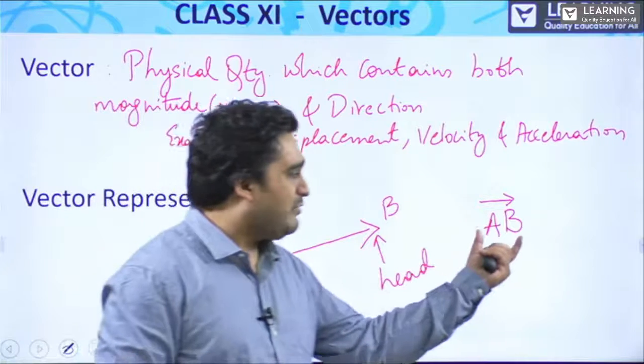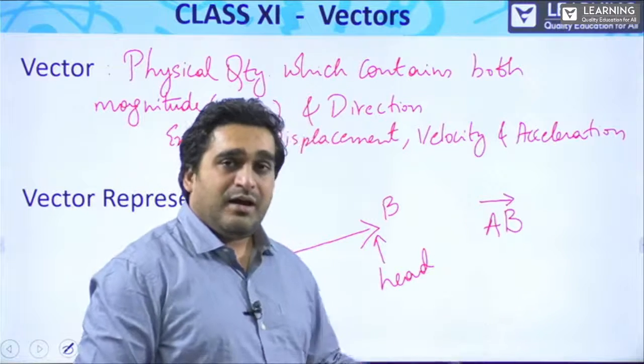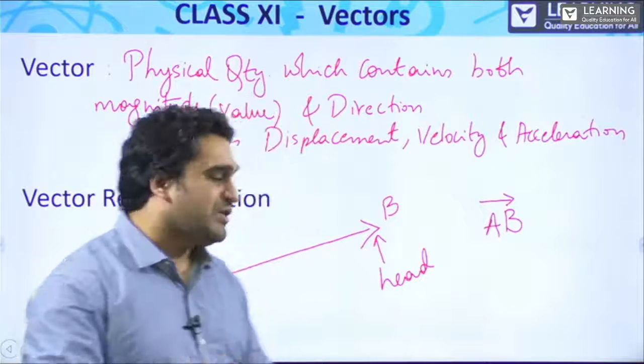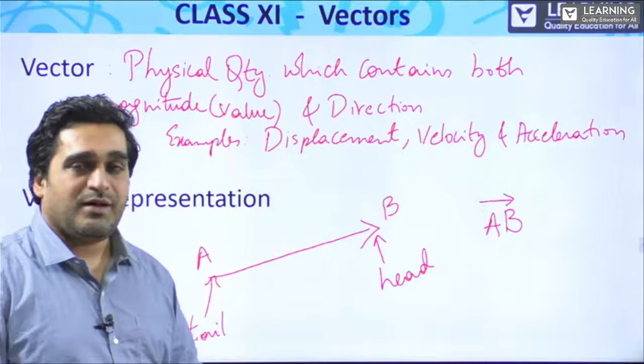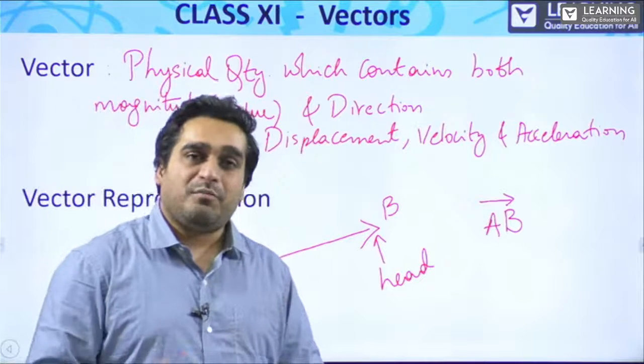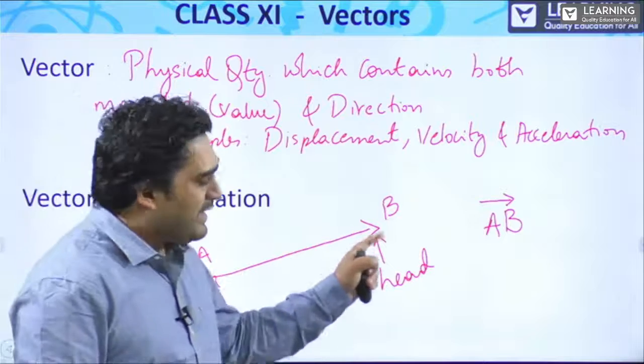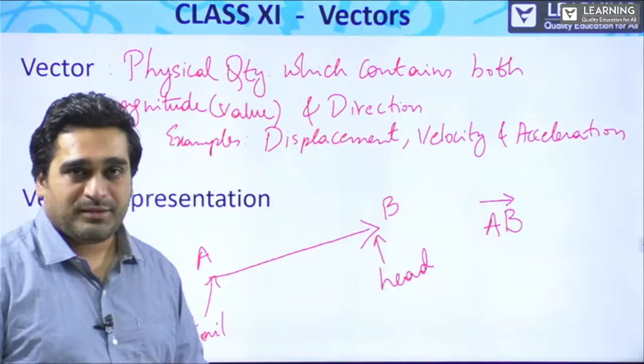Now that we know how to denote a vector, how do we identify the magnitude and the direction of this vector? One way of obtaining that information is by identifying the length of the arrow.